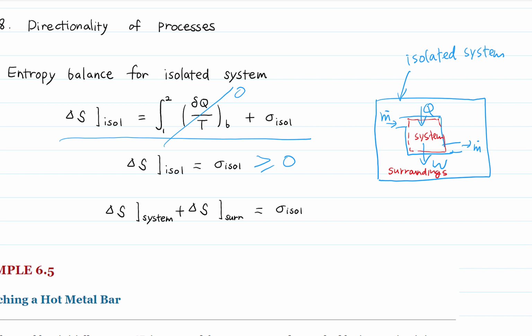So take the entropy balance for the system and the surrounding. So this is the entropy balance for the system.